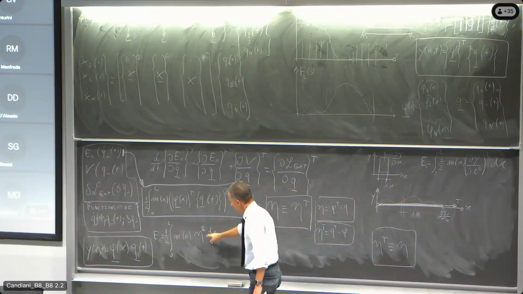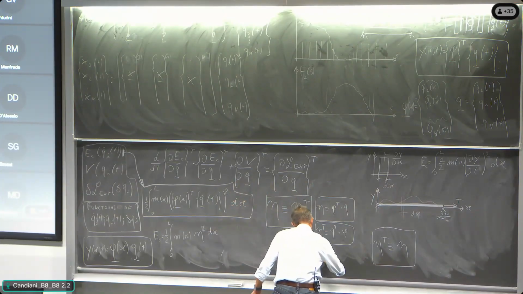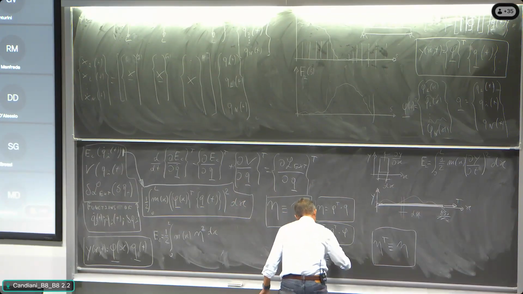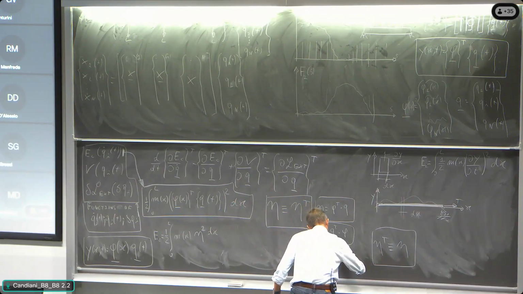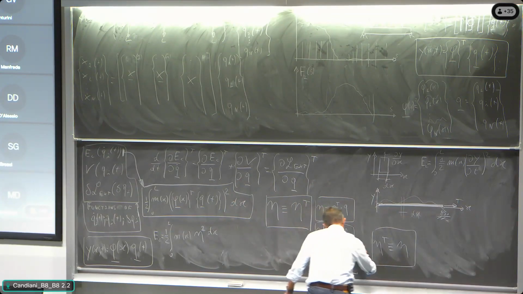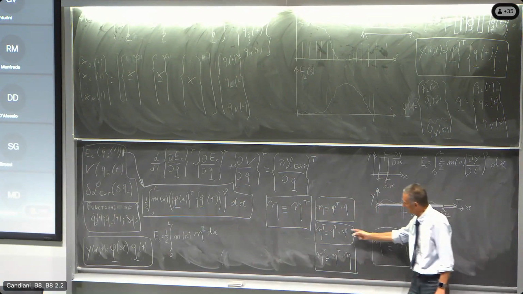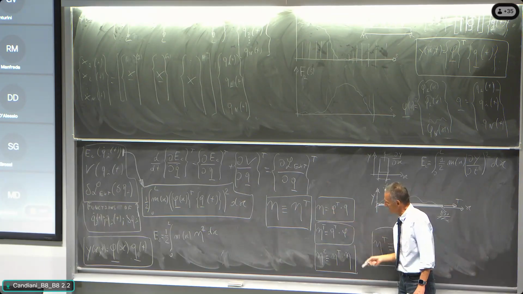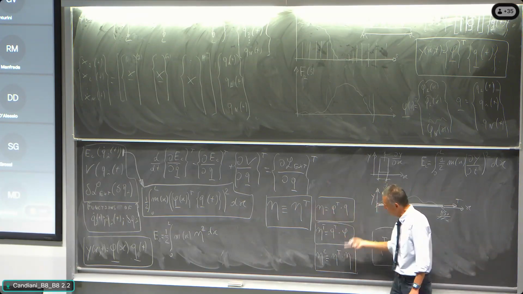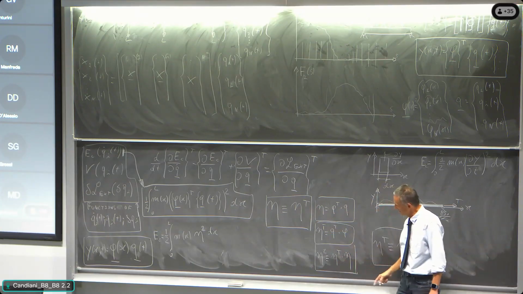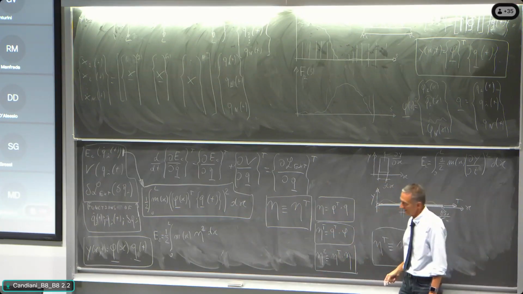What I write is that eta square is coincident with eta transposed times eta. It's the same: eta transposed is coincident with eta. And so eta square can be written as eta transposed times eta.